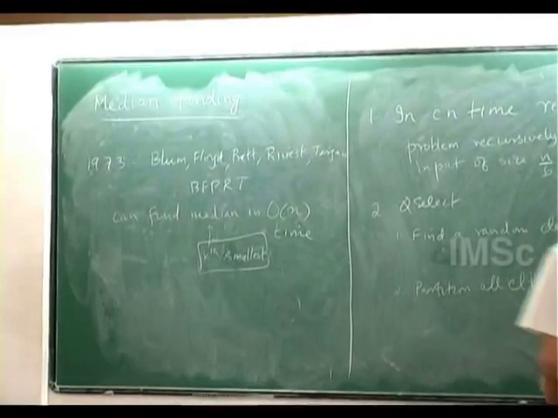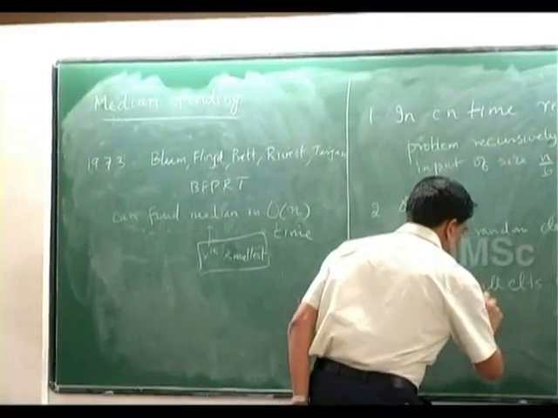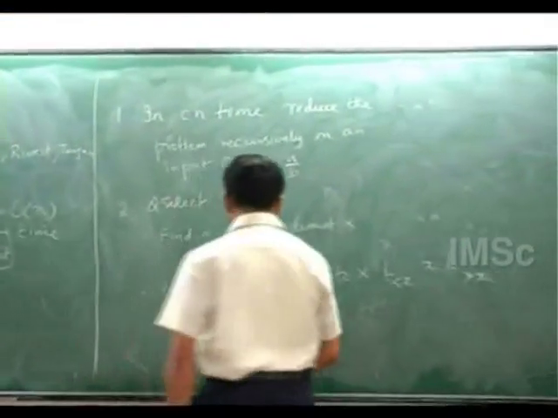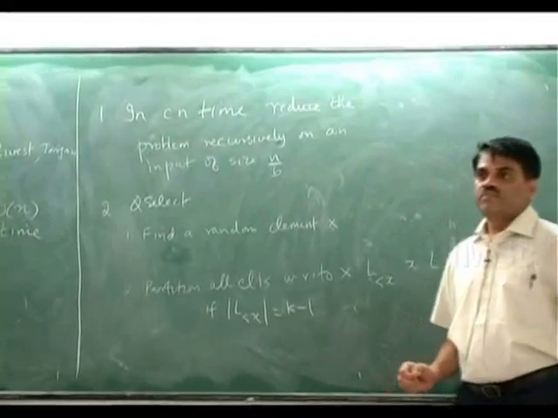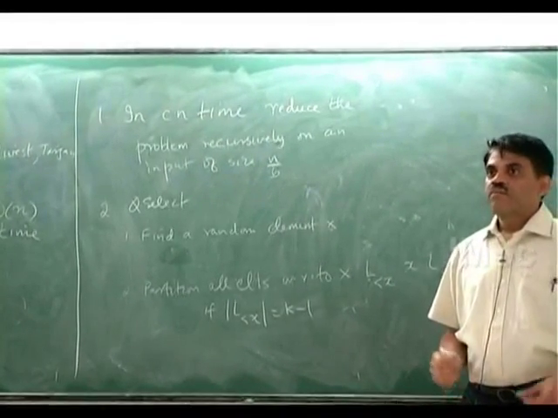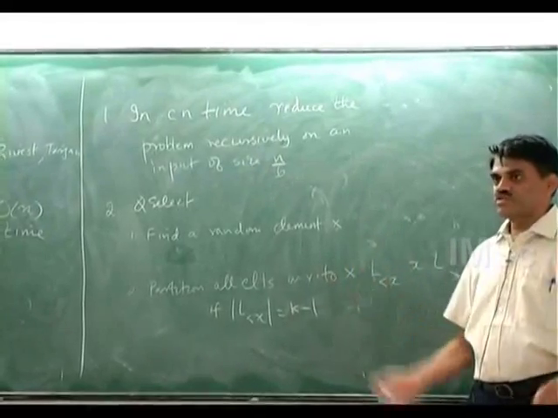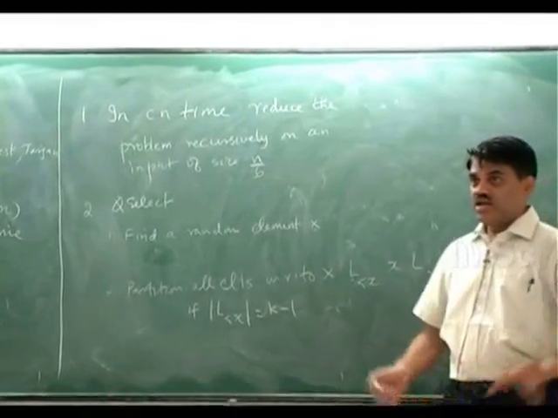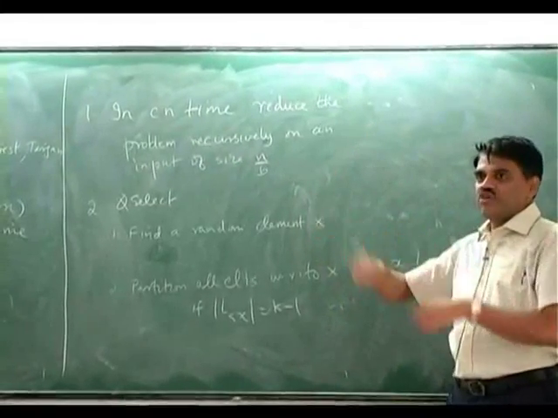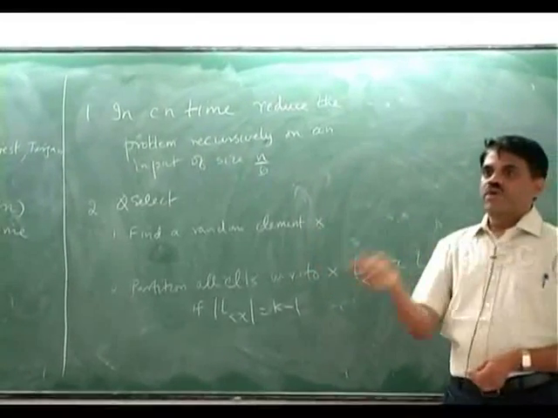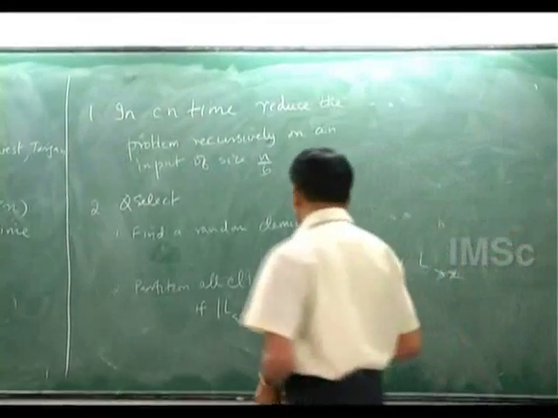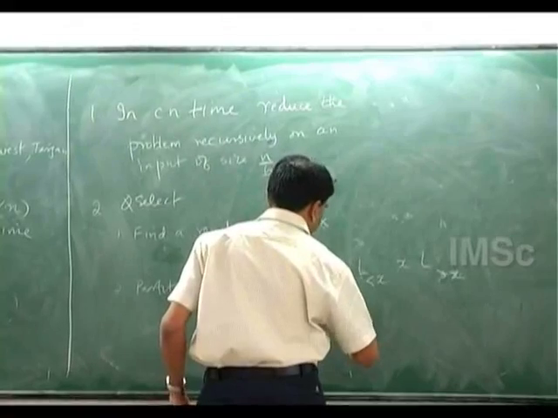See the size of L less than x. If it is exactly k minus 1, then X is the answer. X is the kth smallest element. If you are lucky and it turns out I picked a random element, found its rank by comparing it with everybody else, and the size of L is equal to k minus 1, return x.